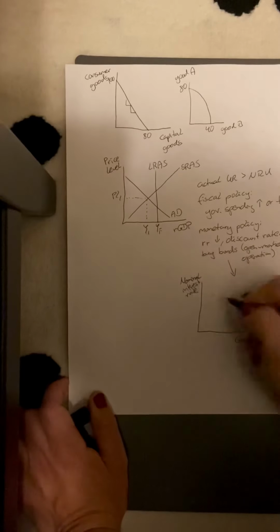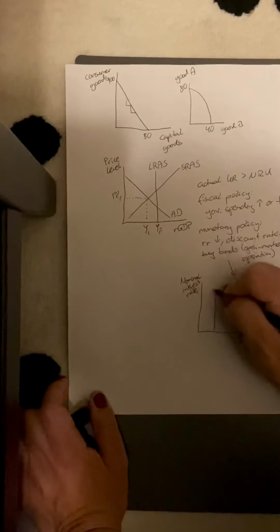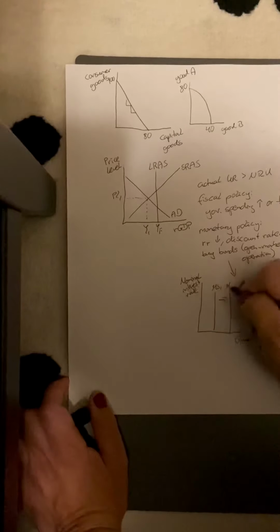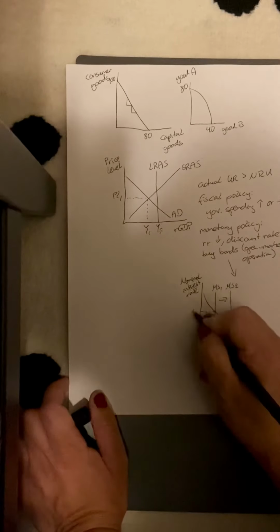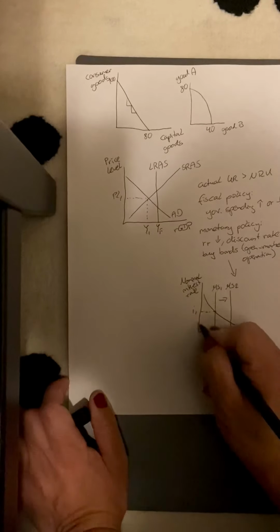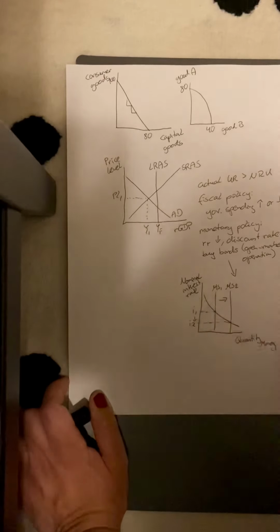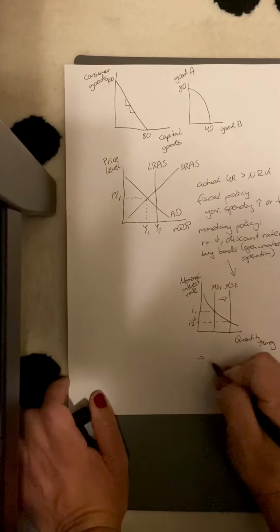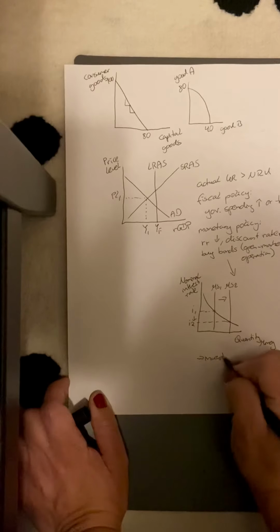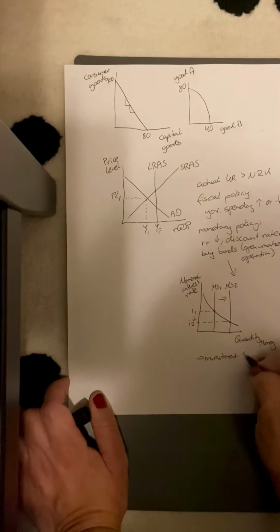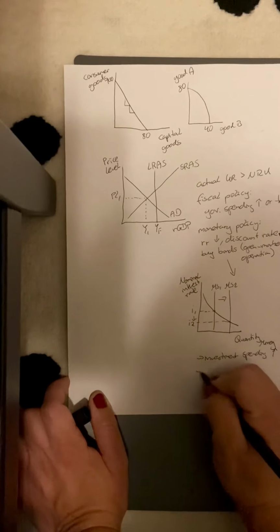Now in this scenario, we said money supply will increase, right? Because we want more money in the economy to stimulate it. I1, I2, meaning now we have a lower interest rate, so a result would be investment spending goes up, meaning aggregate demand goes up.